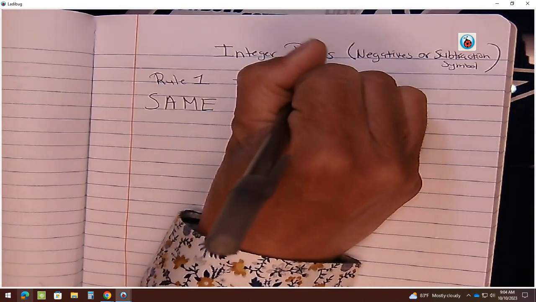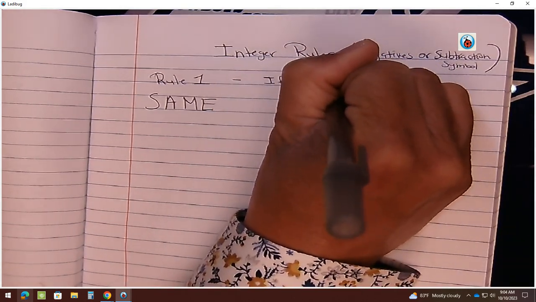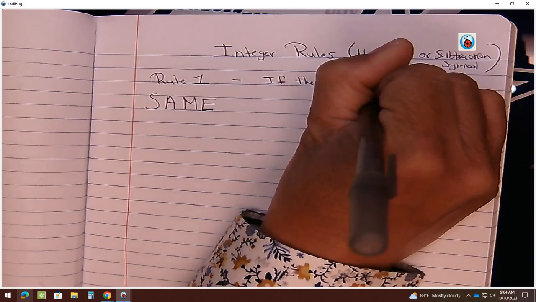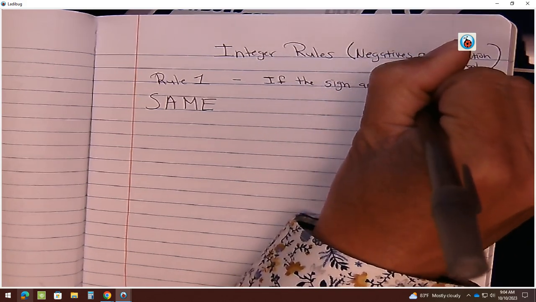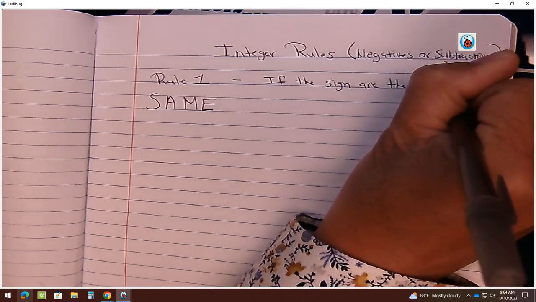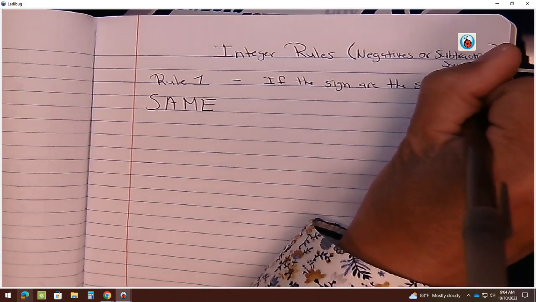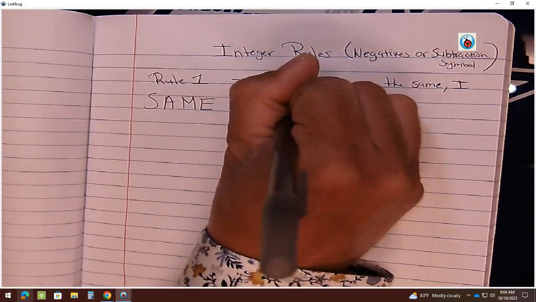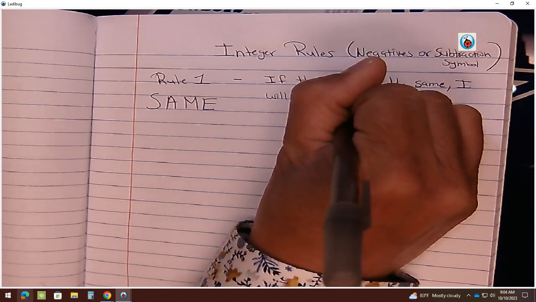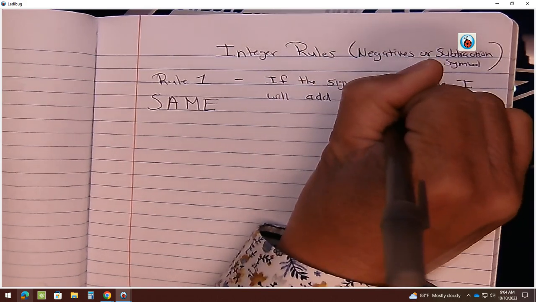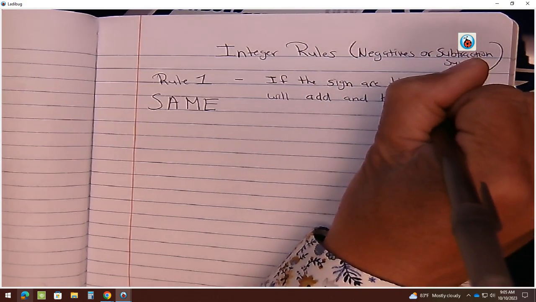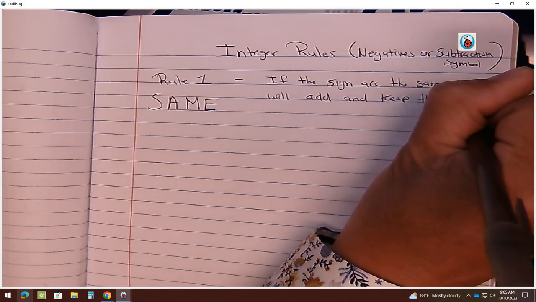If the signs are the same, I will add and keep the sign.